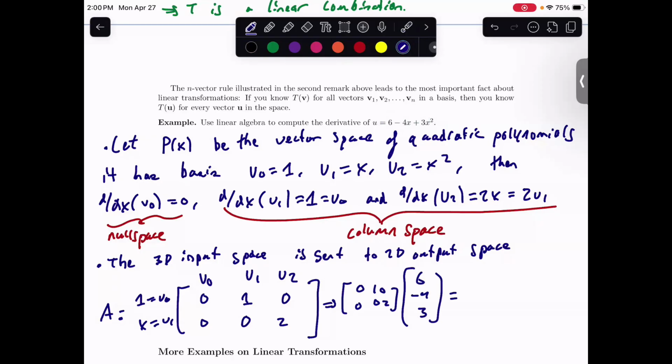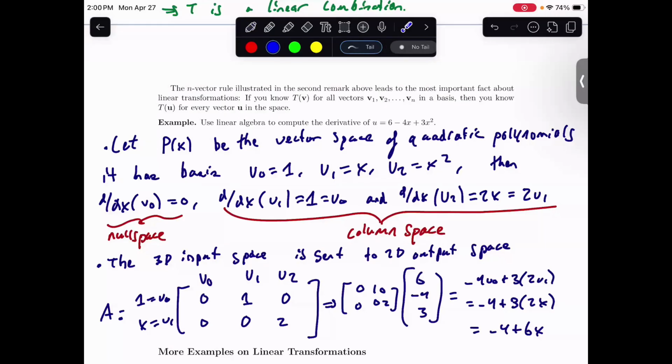If I perform this matrix multiplication, under the assumption that this entry corresponds to V naught and this one to V1, this is going to be equal to minus 4 V naught plus 3 times 2 V1, which can be expressed as minus 4 plus 3 times 2x, which is equal to minus 4 plus 6x. If you remember, the derivative of this would be minus 4 plus 6x, right?